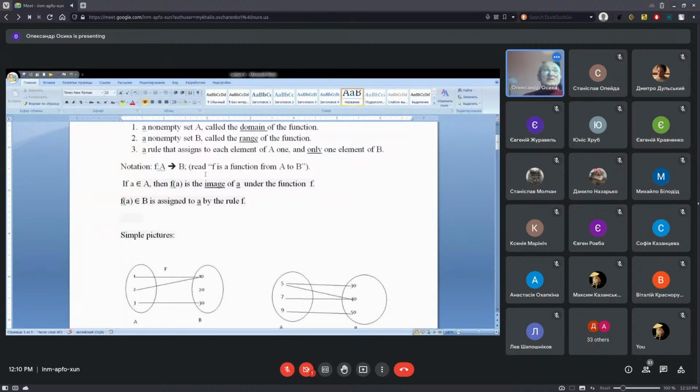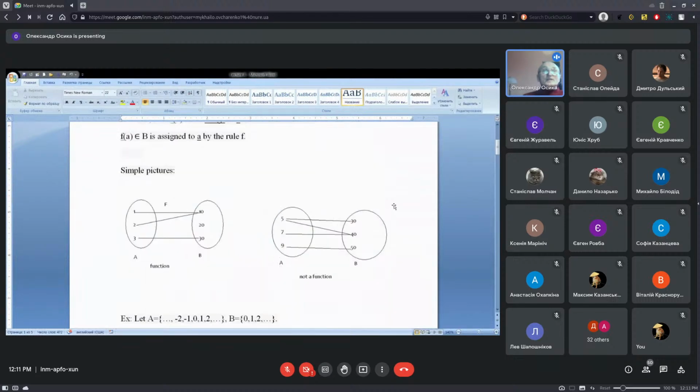So these words are used very often to explain the situation when we consider real world objects and relations between them. And after that, if we find that the relation is a function, then we are happy and use these terms. Simple pictures.